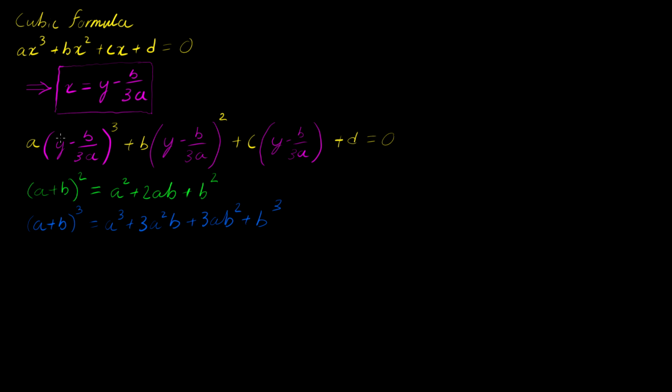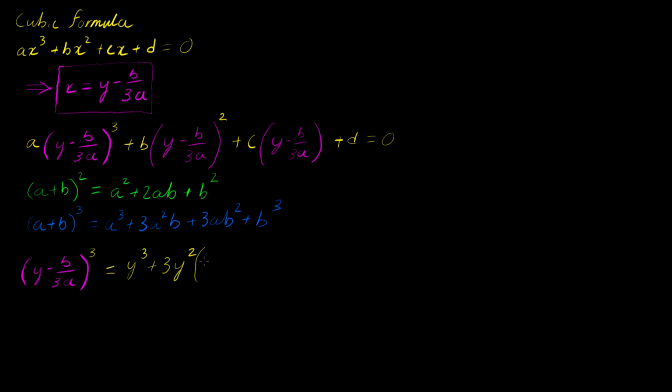So let's expand out this y minus b over 3a cubed first. Let me go ahead and copy that so I don't have to write it out again. And let's expand this out using what we know. So it's going to be equal to y cubed, we take the first term and we cube it, plus 3 times y squared times our b, which is negative b over 3a.